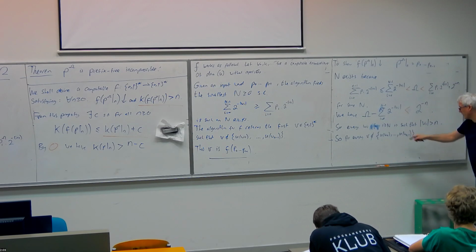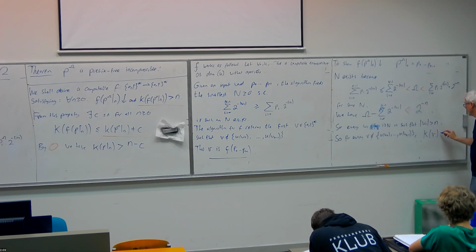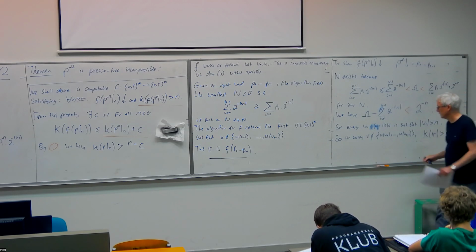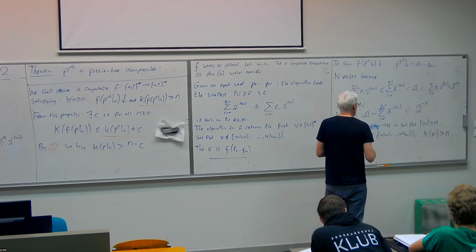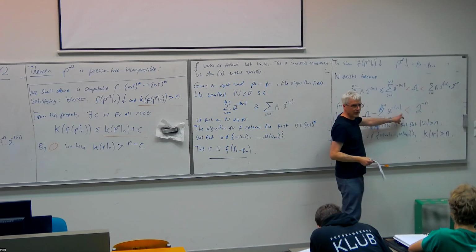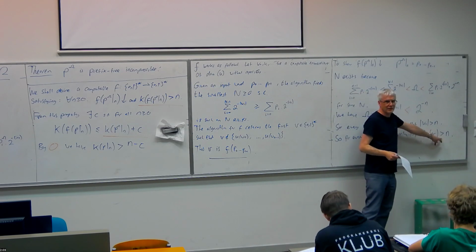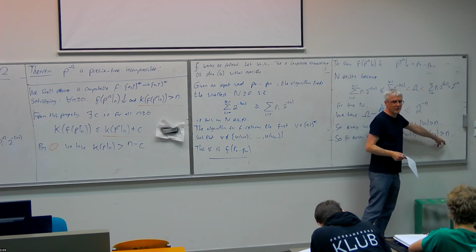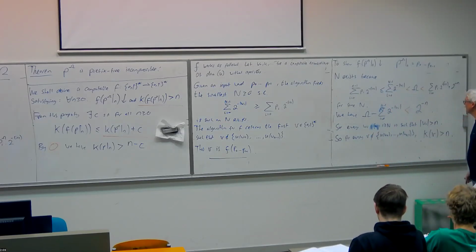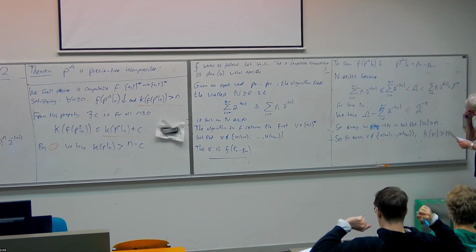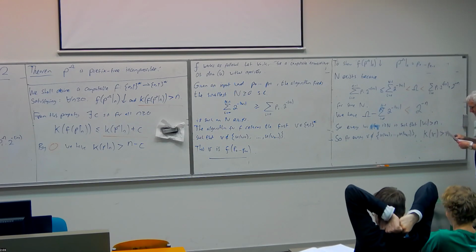So in other words, for every such v, the prefix-free complexity of v is greater than n. Naturally, if we had the greater than or equals here, that would still be okay, because we can be off by 1. Let's stick with this.